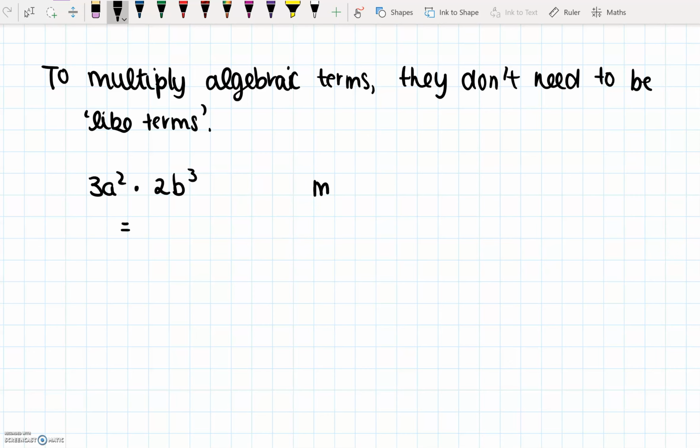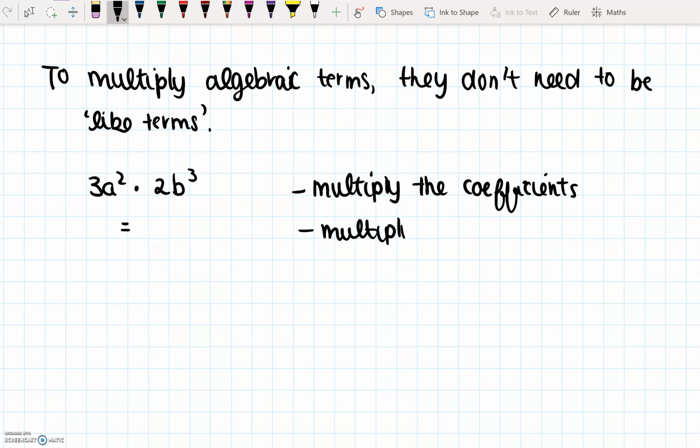So multiply the coefficients and then multiply the variables. 3 times 2, these are the coefficients. The coefficient just means the number in front of the variable.